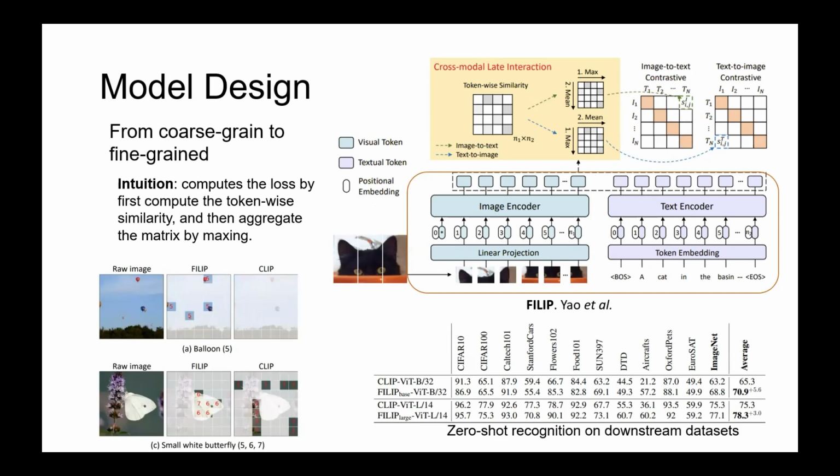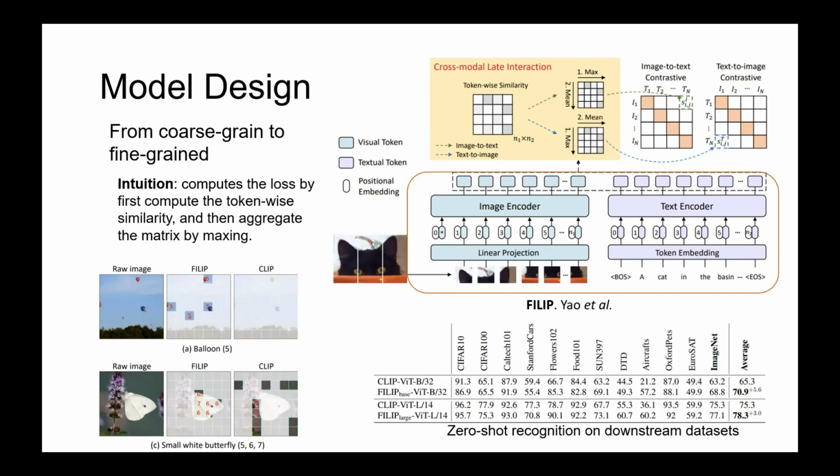It computes the loss by first computing the token-wise similarity between each visual token and each text token, and then aggregating the matrix by max or min pooling, etc. And finally, the affinity matrix is the same as used in CLIP. But surprisingly, this simple method can improve the performance significantly.